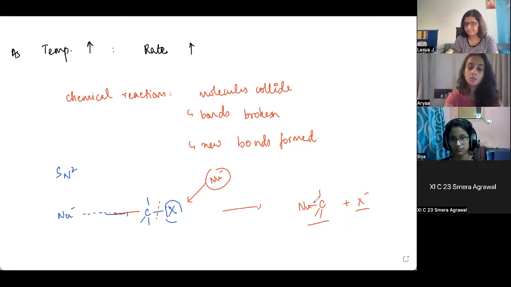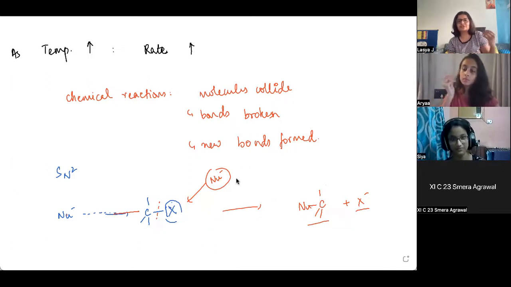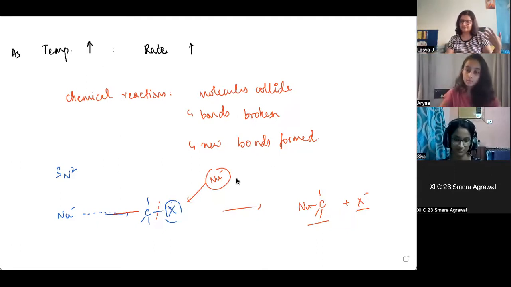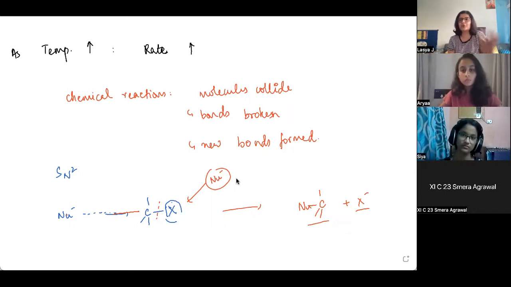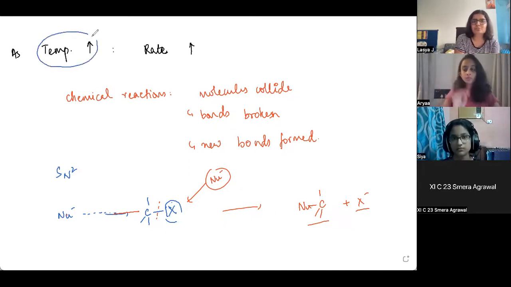Bonds are rearranged, right? So keep this in mind: molecules need to collide, and in order to collide, they need to move. If they're not moving very well, think of a block of ice or a crystal, they're just there. They're moving slightly, but only in their positions. That's not going to help with the chemical reaction at all. Now, what does increasing temperature do?